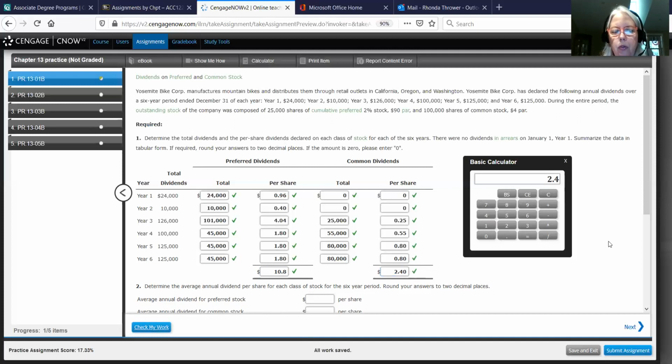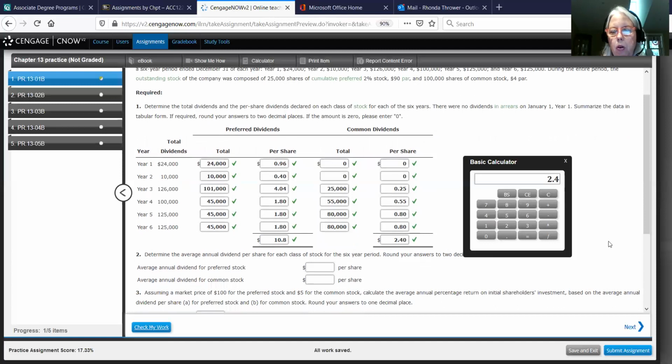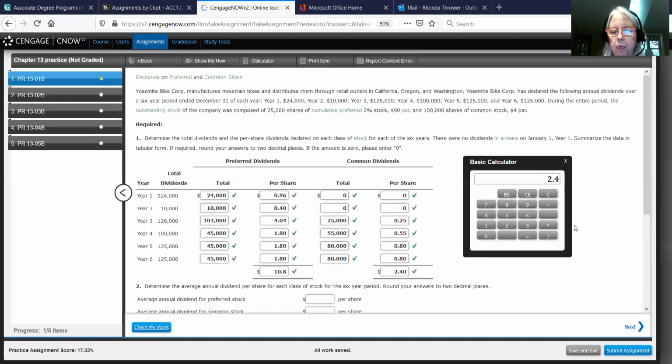Now I'm going to move to the next part of the problem, which is part two. They want you to determine the average annual dividend per share for each class of stock for the 6-year period. They want you to round your answers to 2 decimal places.